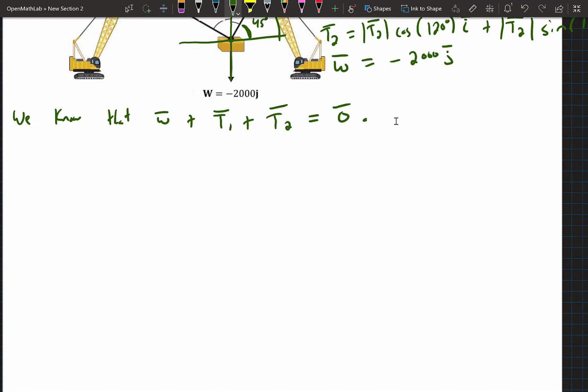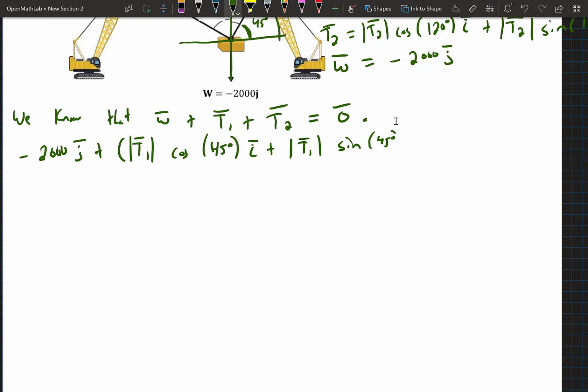Right, so just filling in these values, we get negative 2,000 times vector j plus the magnitude of T1 times cosine of 45 degrees times vector i plus the magnitude of T1 times sine of 45 degrees times vector j.